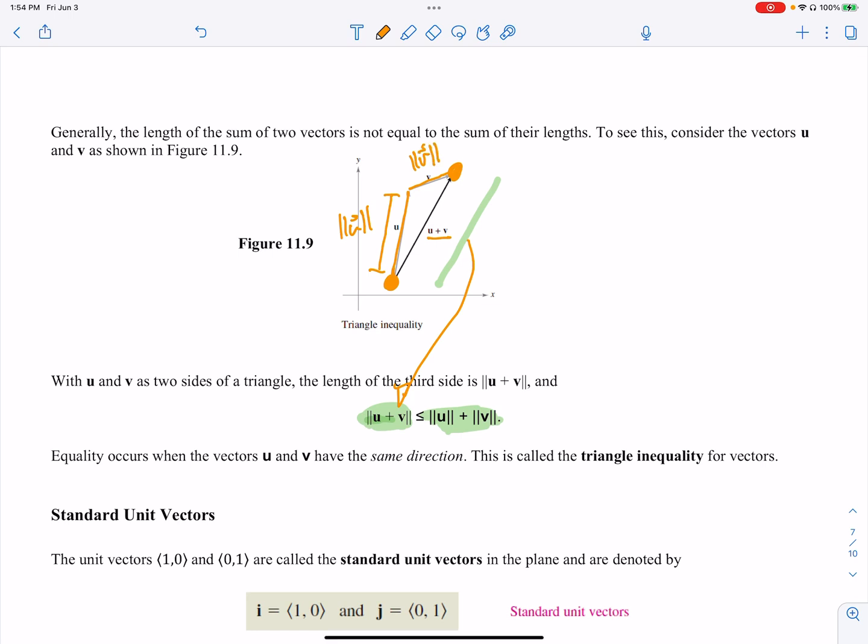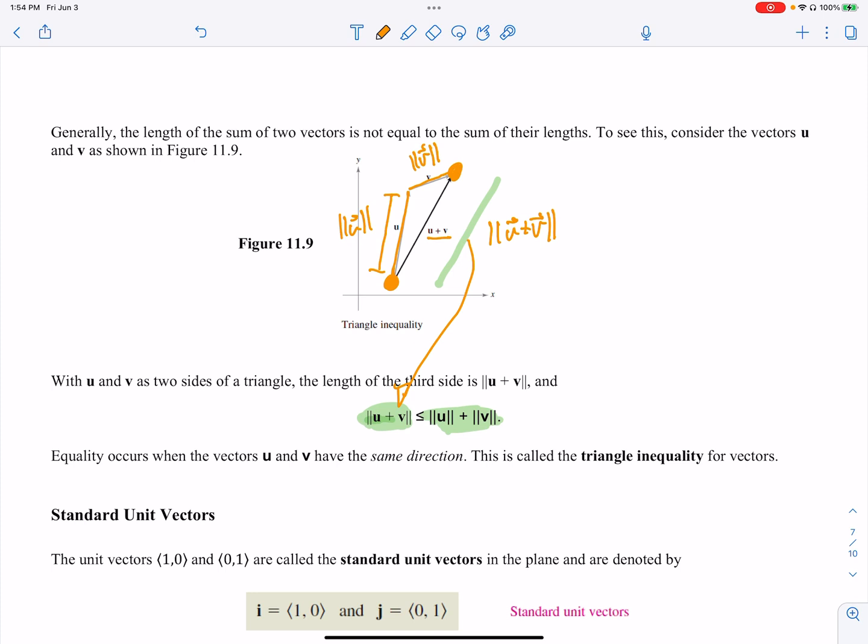The u and the v themselves don't play a part in the length; they're just the direction. If I want to find the length, I have to take the magnitude. When we're dealing with lengths of triangle sides, I need the length of it, not the vector itself. That's why we get the magnitude bars there, because it defines length rather than just the vector.